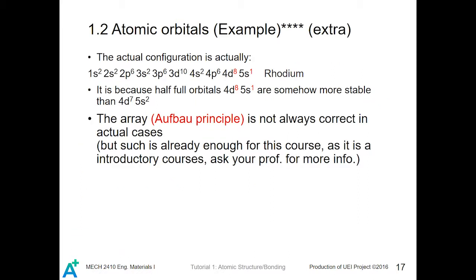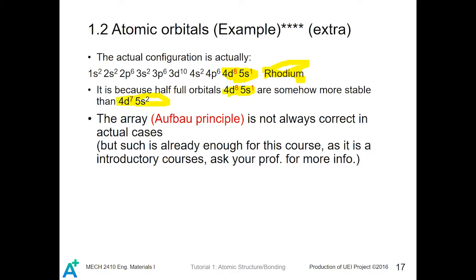But yeah, this is the extra part. The actual configuration is, be careful, 4d8 and 5s1 for the last few orbitals. And it is actually rhodium, if you have some knowledge of the periodic table. It is because half-full orbitals, 4d8 and 5s1, are somehow more stable than 4d7 5s2.